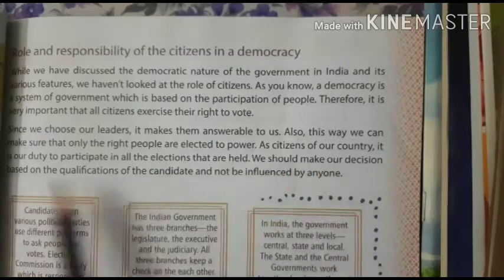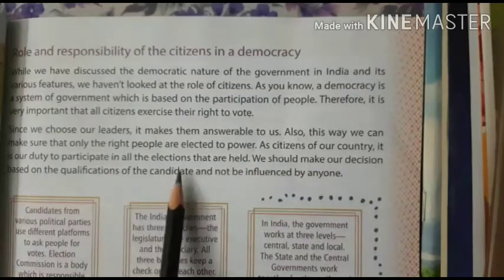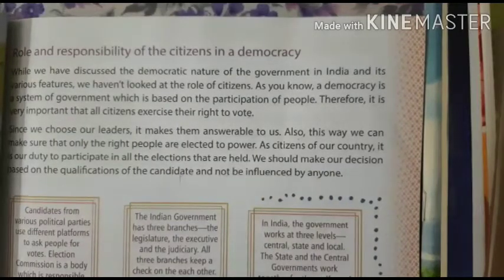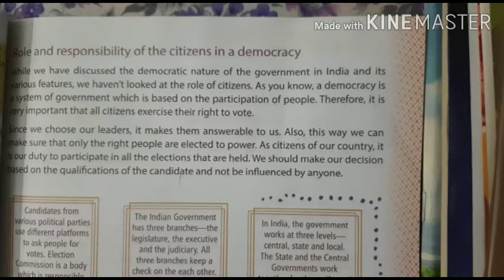We should make our decision based on the qualifications of the candidate and not be influenced by anyone. If someone comes and tells me to vote for this person, no, we don't have to listen to that person. Rather, we have to see the work of that candidate, and then cast our vote.